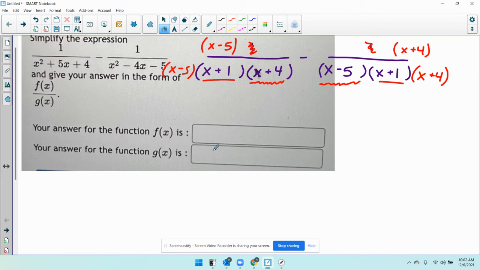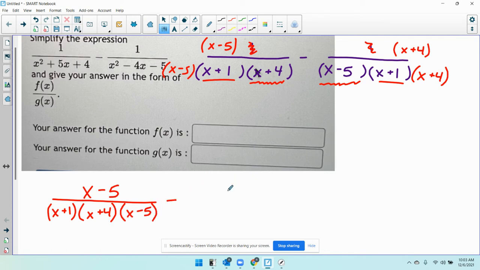So I'm going to rewrite what I have down here. This is going to be, I don't need the parentheses because that's the only thing up there, x minus 5 over, now I'm just going to reorder these, x plus 1, x plus 4, x minus 5.